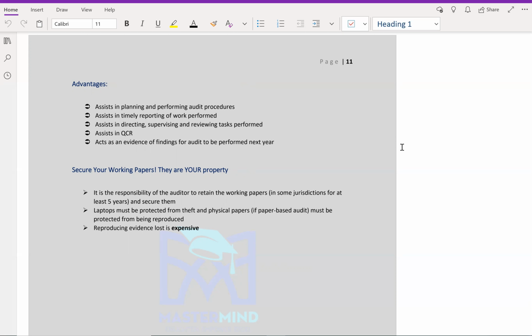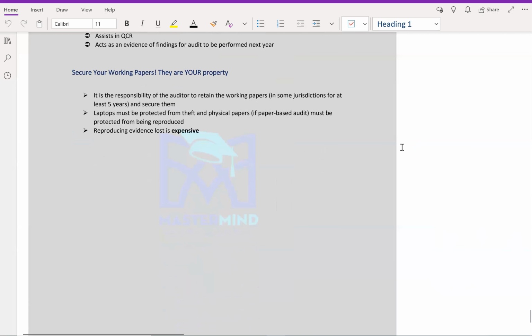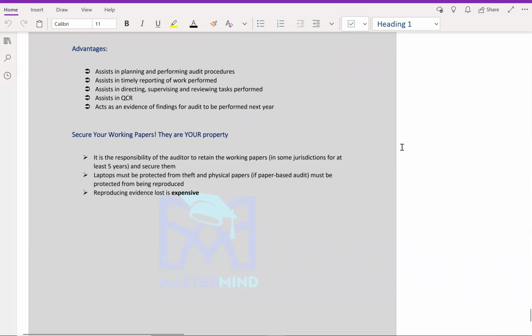Secure your working papers. It is your responsibility. Your working papers, that is basically the work that you've performed as an auditor, it's your responsibility to protect them. Okay. It's a responsibility of the auditor to retain the working papers in some jurisdictions for at least 5 years and secure them.